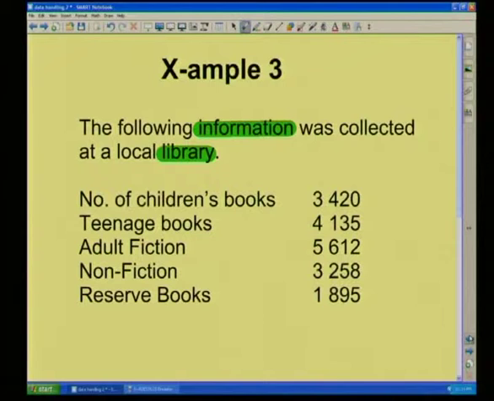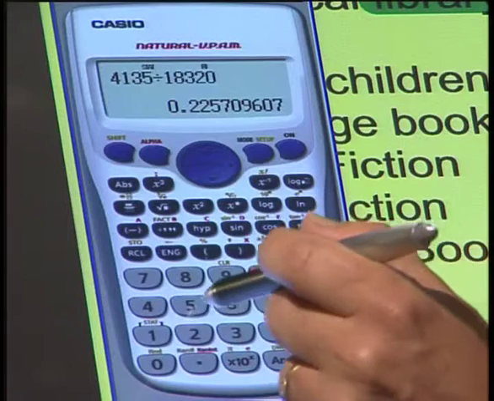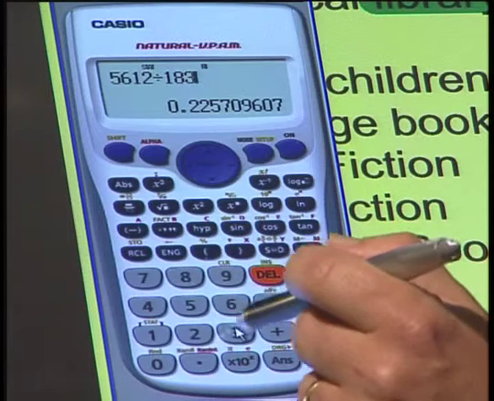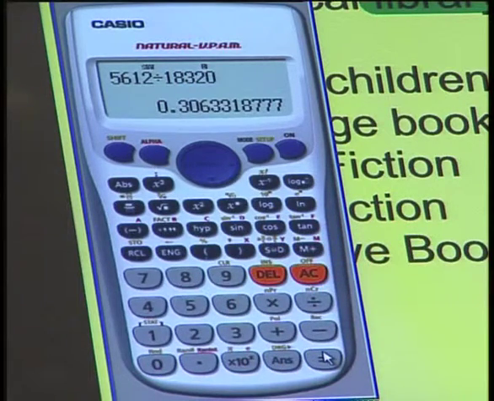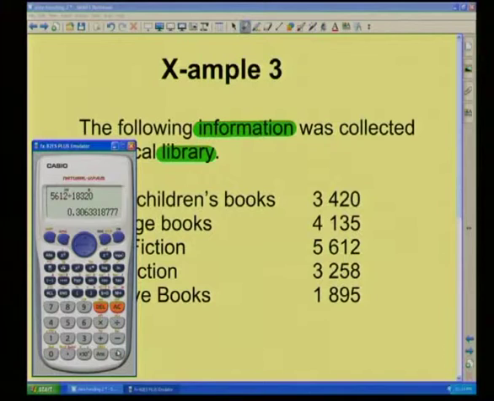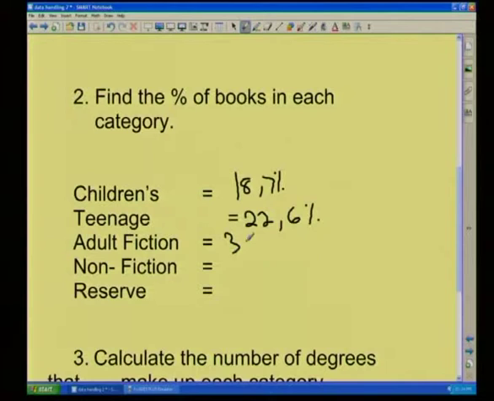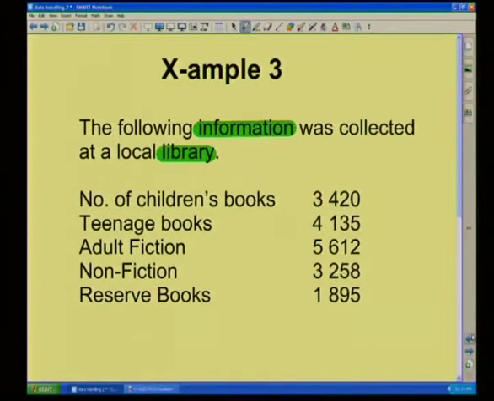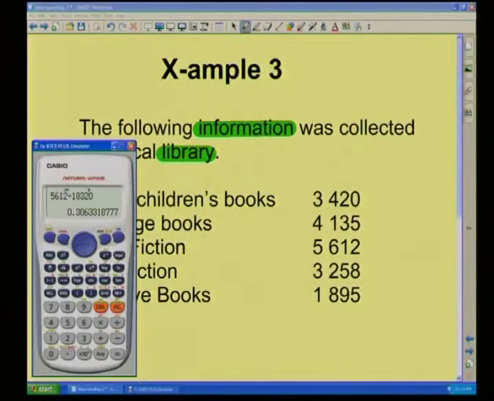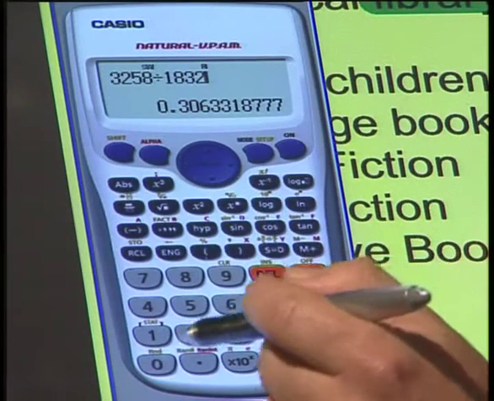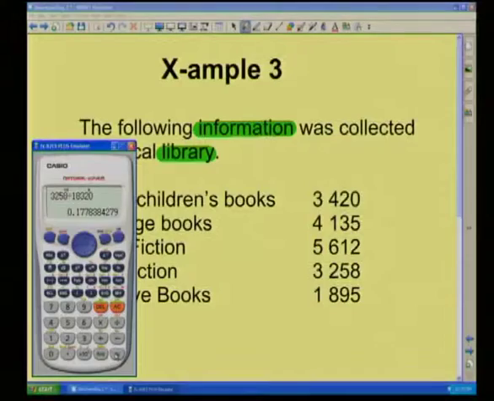Adult fiction, 5,612. And again, divide by our total, 30.6% or 31% just about. And then non-fiction, 3,258, 17.8%.